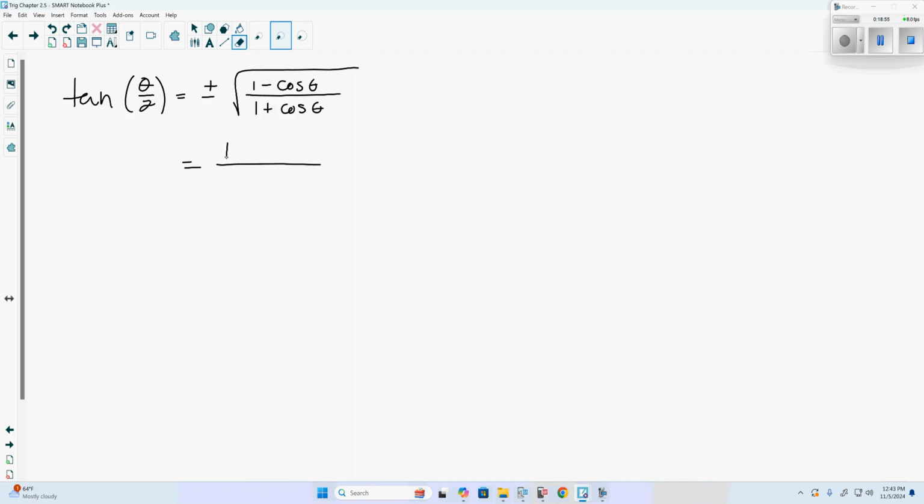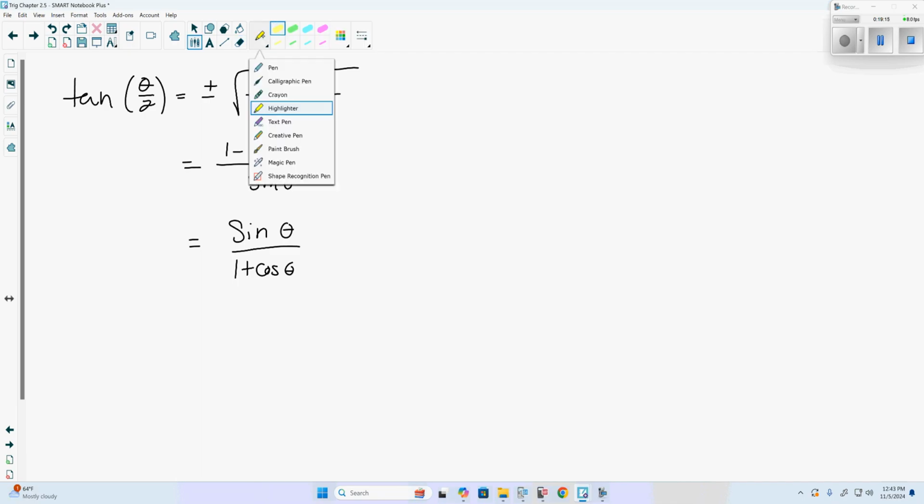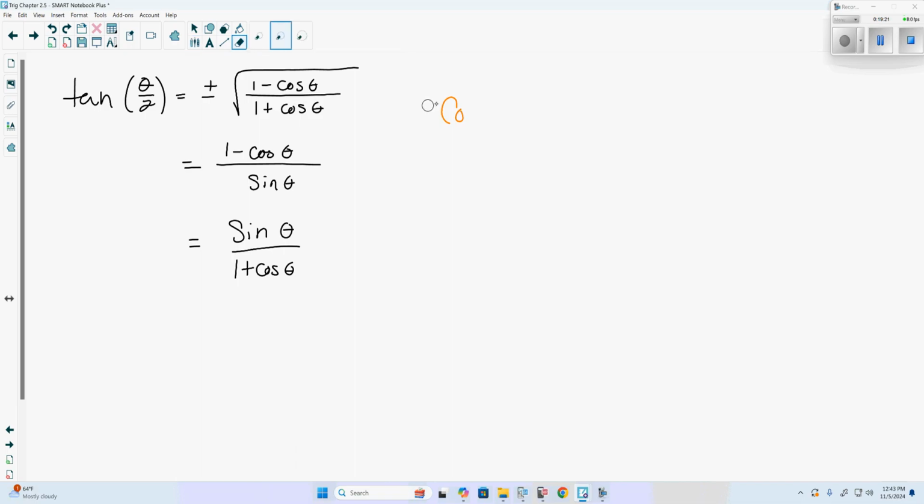We could also say that it's 1 minus cosine of theta over sine of theta, or sine of theta over 1 plus cosine of theta. We could say that it is all of these here. Or we could say that tangent of theta over 2 is equal to sine of theta over 2 over cosine of theta over 2.